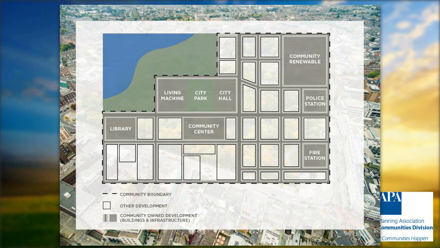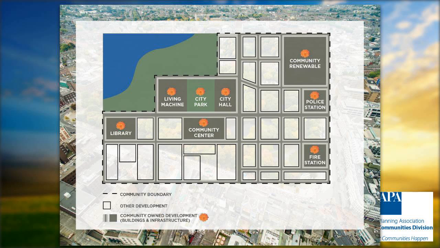In this case, the municipality that has registered the neighborhood owns and develops streets, the city hall, city park, and a variety of other community buildings, all the areas that are marked in gray and labeled. Now, back to the question. Do all buildings within the living community boundary need to be living buildings? No. Only the sites owned by the community applicant need to meet the Living Building Challenge. Here's a visual of which buildings would need to meet the Living Building Challenge.